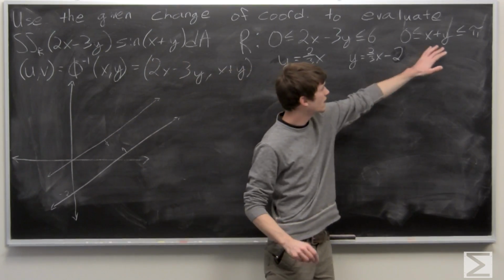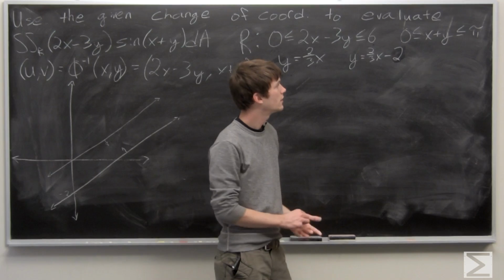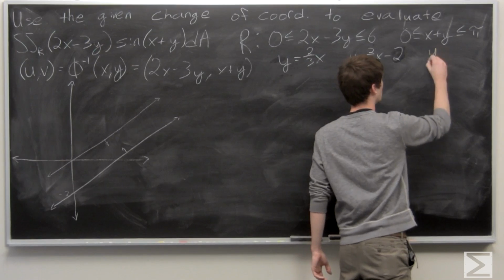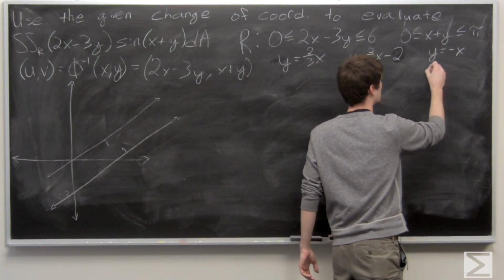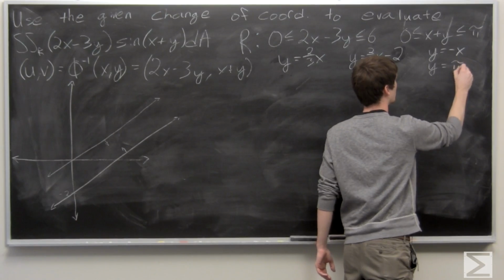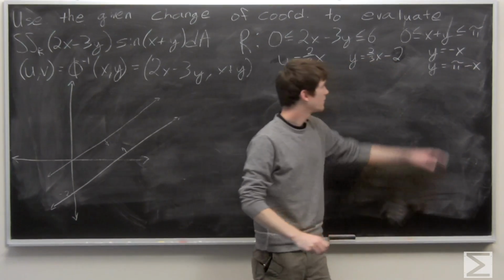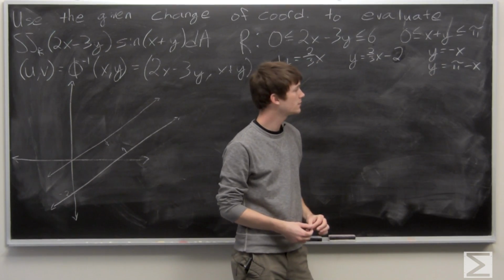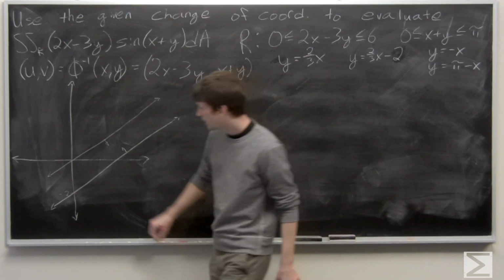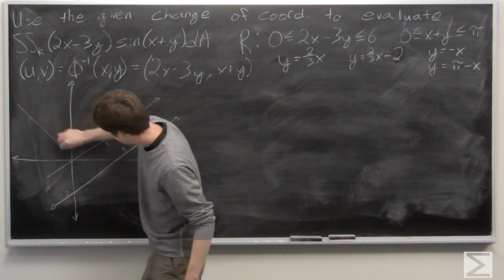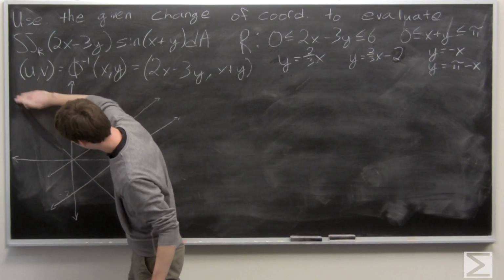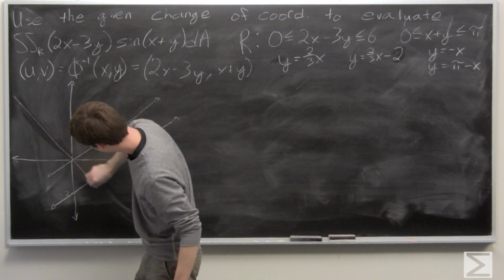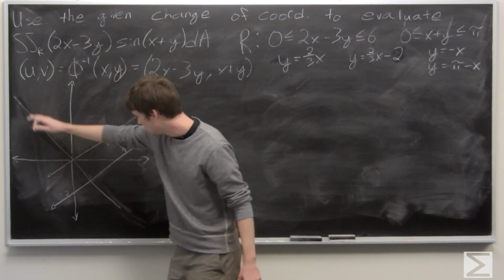And then for our second condition, x plus y is ranging between 0 and pi. That means we're between the lines y equals -x and y equals pi minus x. So y equals -x, more or less like that.